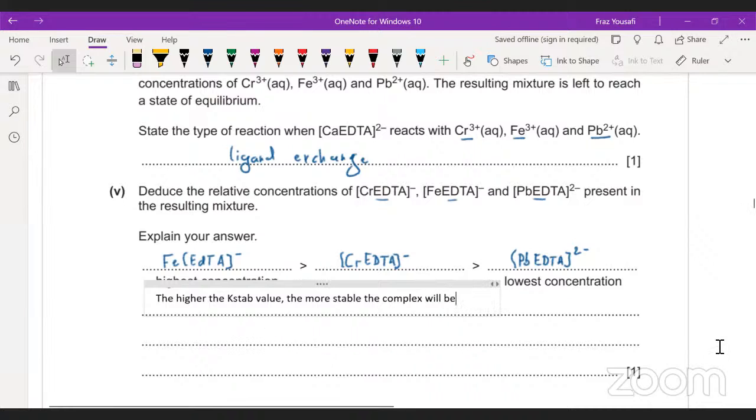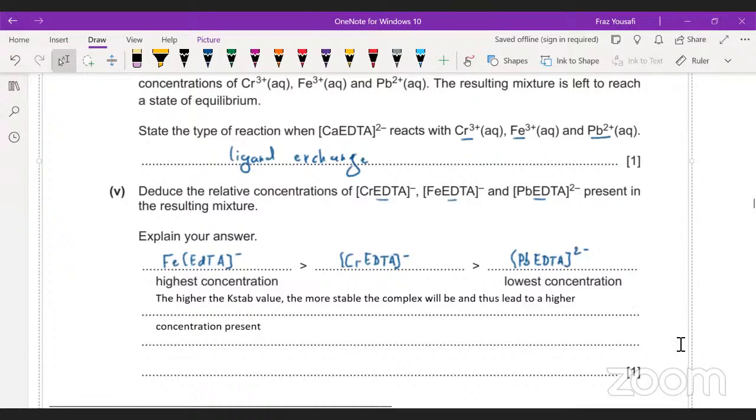All right. So this is why you would see a higher concentration N, thus leading to a higher concentration present. That's the idea that we want with it.